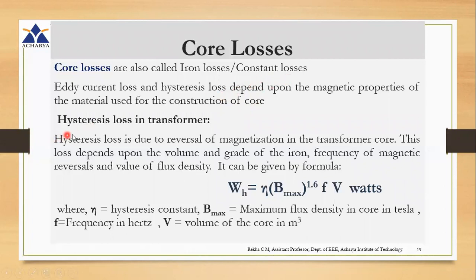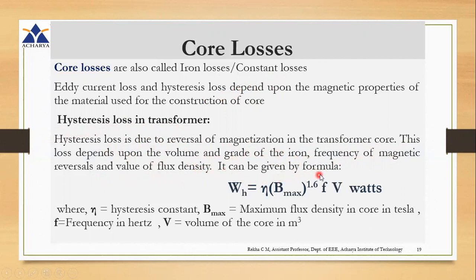So let us now study about hysteresis loss in a transformer. Hysteresis loss is due to the reversal of magnetization in the transformer core. This loss depends upon the volume and grade of the iron, frequency of the magnetic reversals, and value of the flux density.